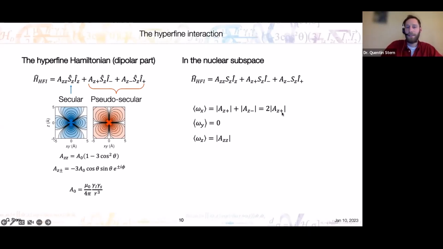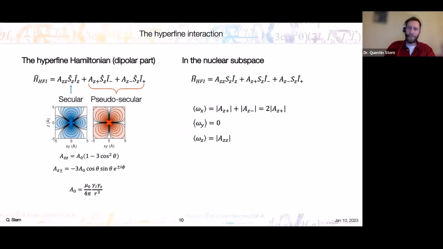To get these numbers, I have placed the nucleus and the electron along the x-axis, and then I have only a field along the x-axis and not along the y. So this tells you that T1, which is sensitive to these two numbers, will be sensitive to the pseudo-secular interaction, while T2, which is sensitive to all three of these terms, will be sensitive to both the secular and pseudo-secular terms.